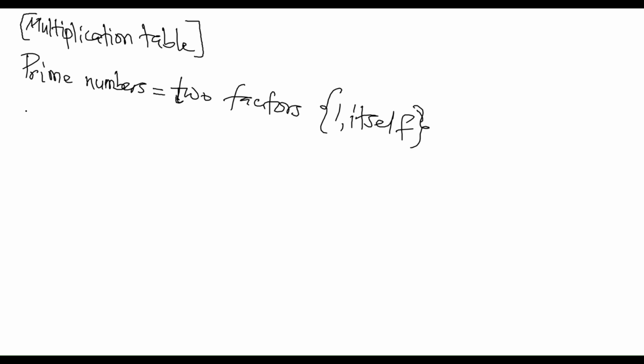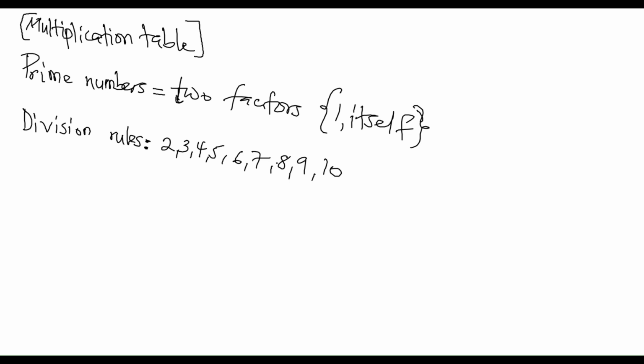The next critical thing is knowing your division rules. It's also a prerequisite for this particular topic. By division rules, I mean how to know whether a number is divisible by 2, 3, 4, 5, 6, 7, 8, 9, and 10.